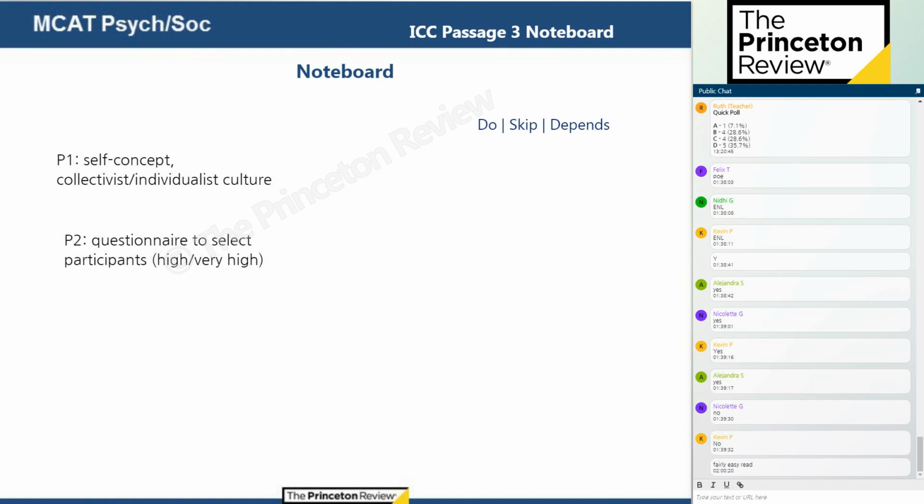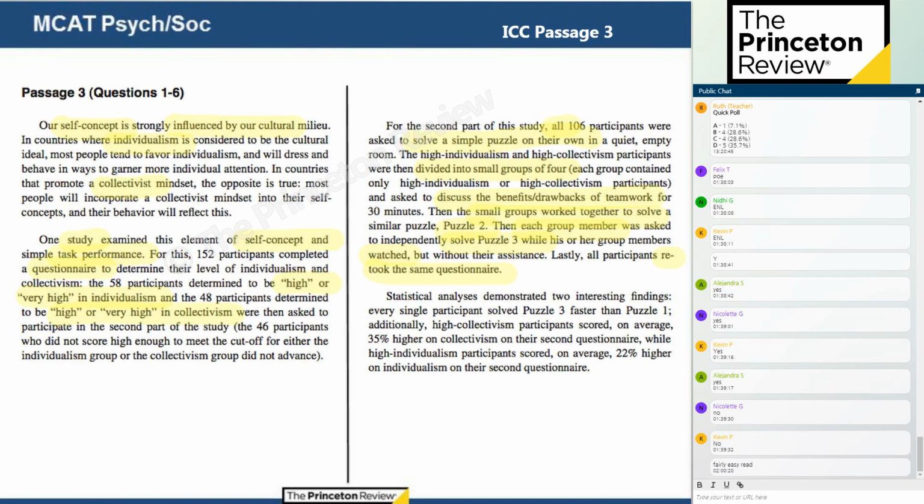In paragraph 3, we've got study methods. And then here we go. We got statistical analysis, 2 findings.